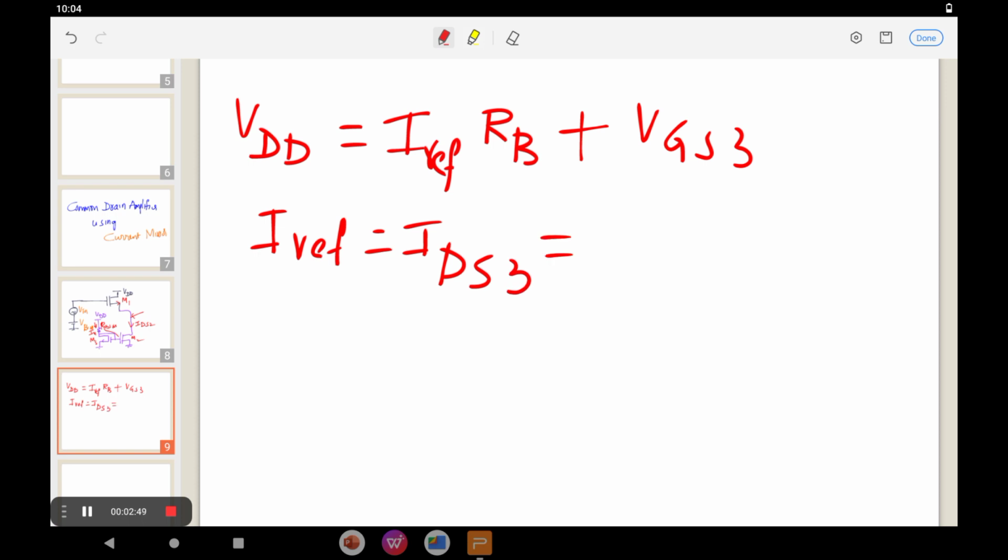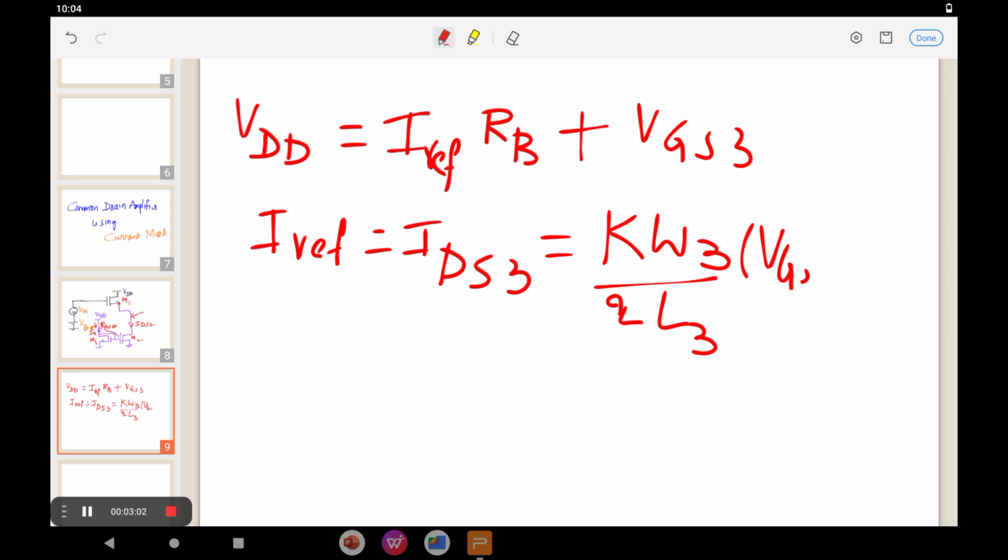That is given by the drain current formula: K W3 by 2 L3 into (VGS3 minus VTH) whole square. This is the formula for the drain current.